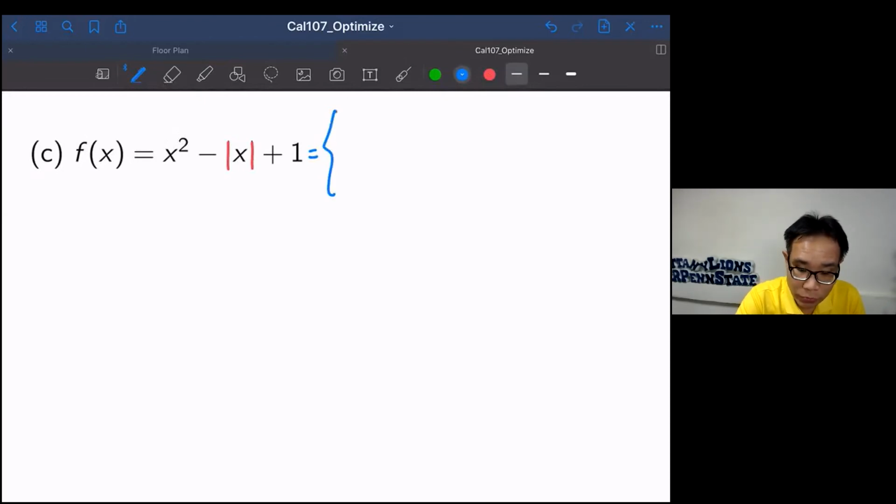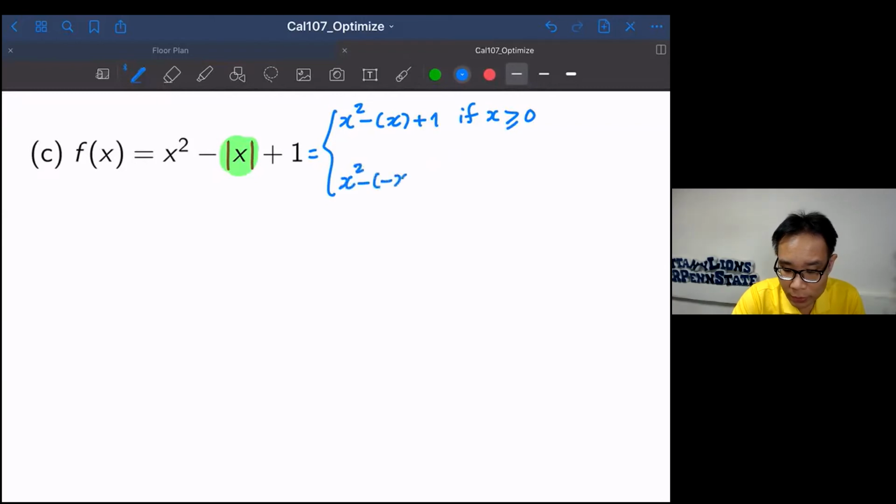You're going to have to take care of the absolute value here. So you're going to have x squared minus x plus 1 if x is positive or 0, and you have x squared plus x plus 1 if x is negative. So this one is your x, this one is your negative x.